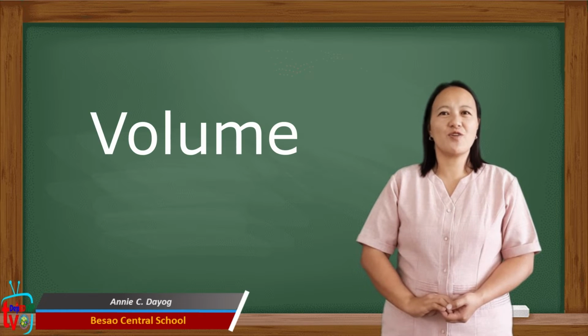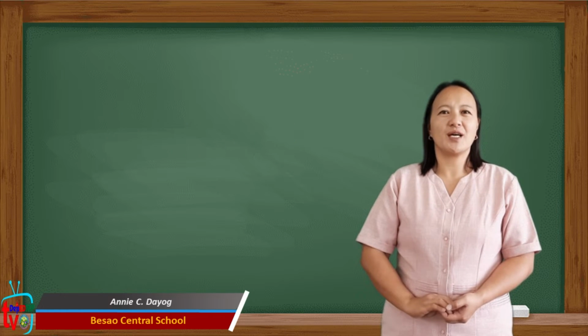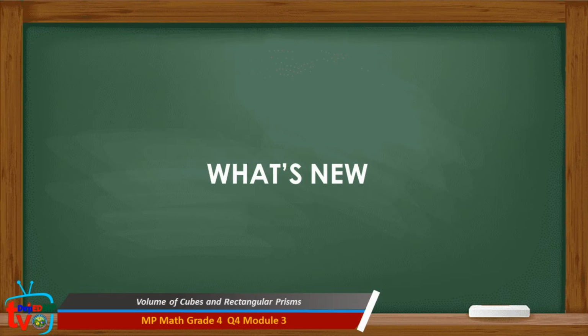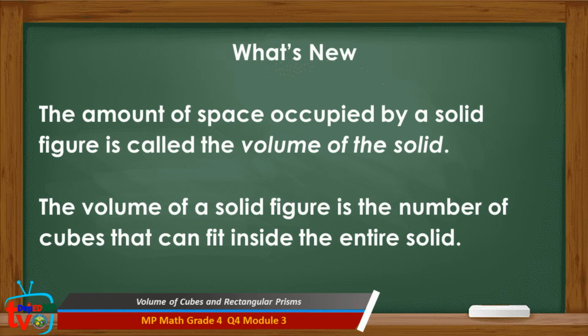Yes, its volume. Very good. In this lesson, we will discuss volume of cubes and rectangular prisms. You have learned in the previous module that the amount of space occupied by a solid figure is called the volume of the solid.